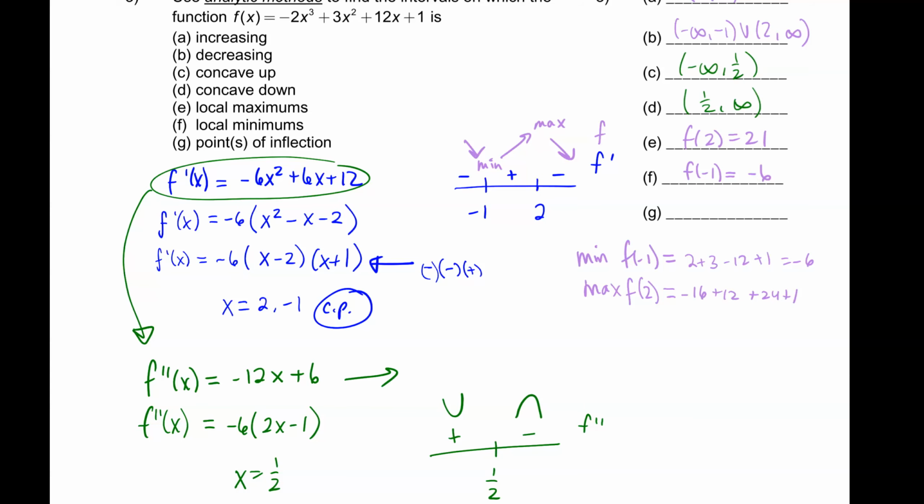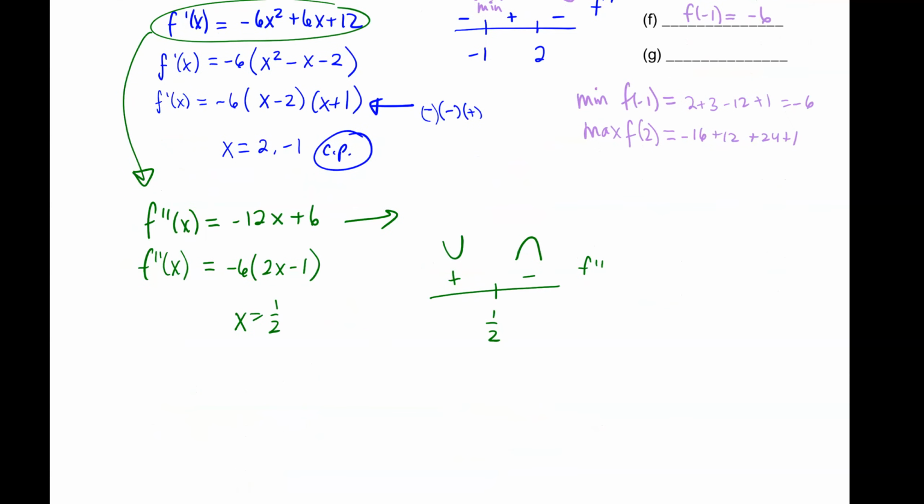And then G, points of inflection. I have to take 1/2 and plug it into the original equation. I have the x, we want to find the y, so you have to take f of 1/2. You take your x value from your second derivative and plug it into your original, because it is a point of inflection. We're changing from concave up to concave down, and the second derivative is 0 at 1/2. A point of inflection has to be where the second derivative is 0 and you have to be switching concavity.